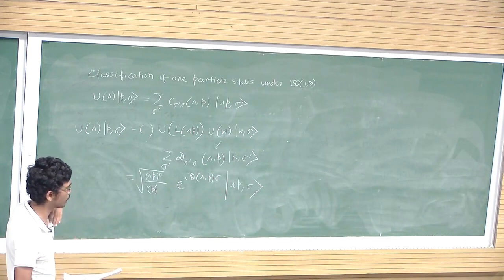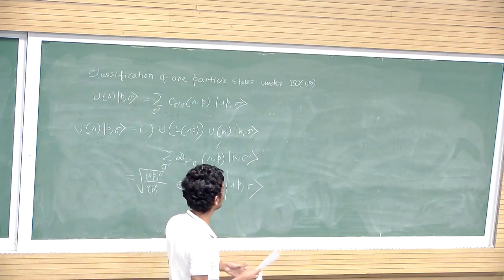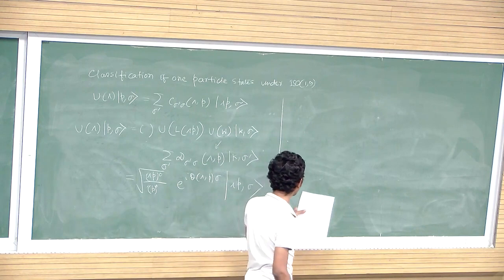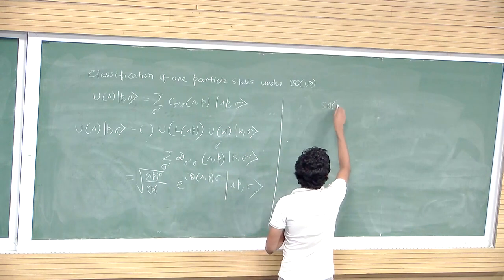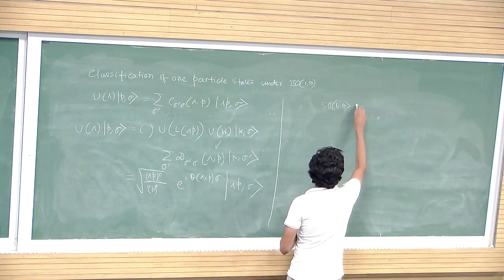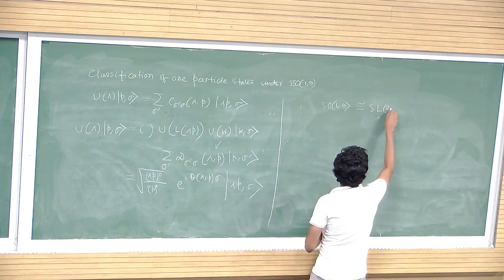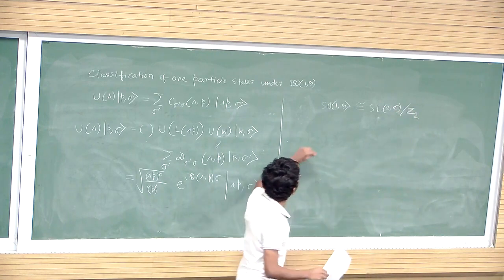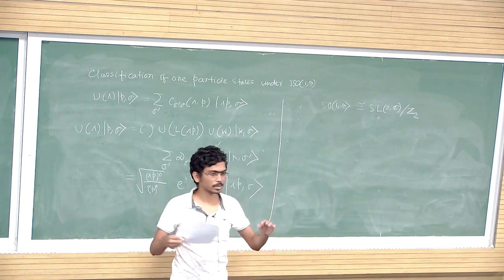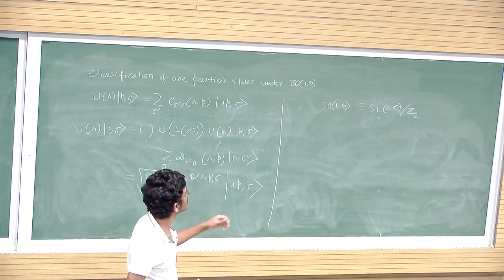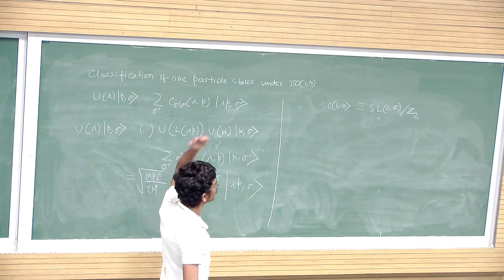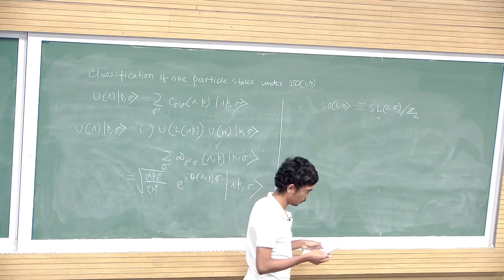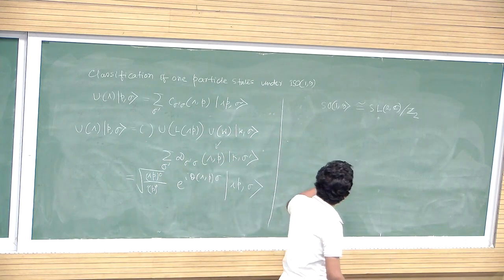The central importance for this kind of holography is the isomorphism between these two groups: SO(1,3) is isomorphic to SL(2,C) by Z2. I'll explain what Z2 is. SO(1,3) is the group of Lorentz transformations in 4-dimensional Minkowski spacetime, and SL(2,C) is the group of global conformal transformations on the Riemann sphere.